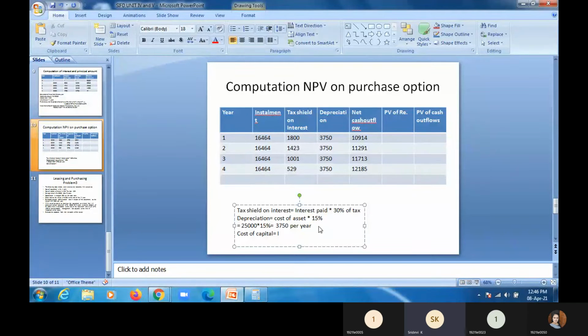Take the formula I into (1 minus P), where I stands for interest and P stands for tax percentage. So if you apply this, how much are you going to get?